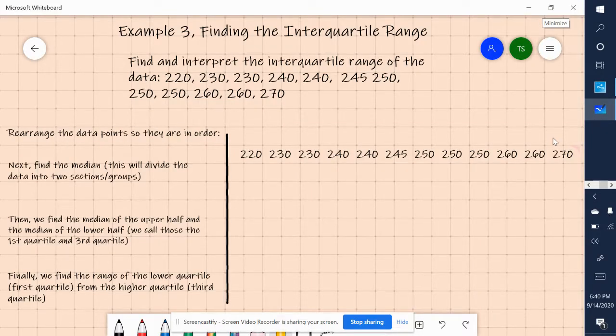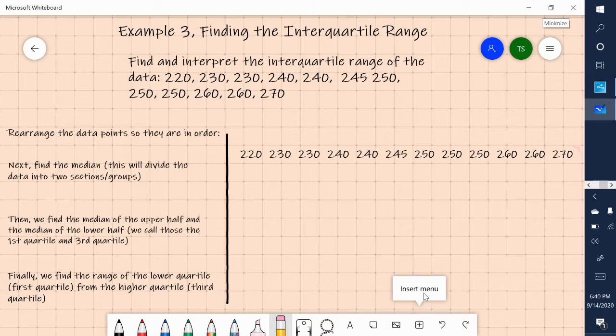Back again, everybody. We're going to be continuing on finding the interquartile range of a data set. Remember, quartile has the word quart in it, so we're going to be breaking our data set up into 4 equal parts.